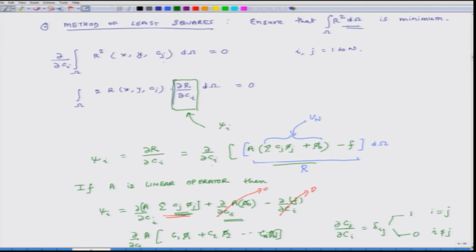Okay, understood? So, because of this, if I am differentiating with respect to the ith constant, all other terms will vanish and the only term which will remain will be A of phi I. Understood?